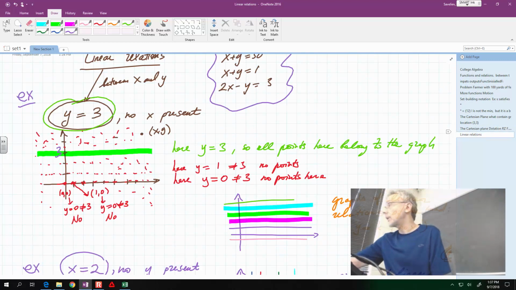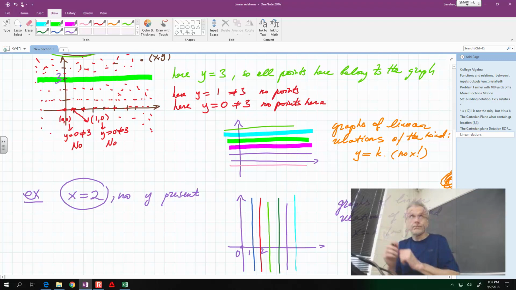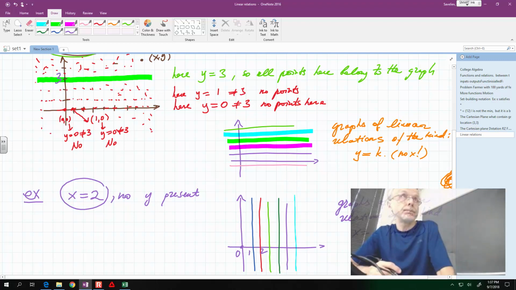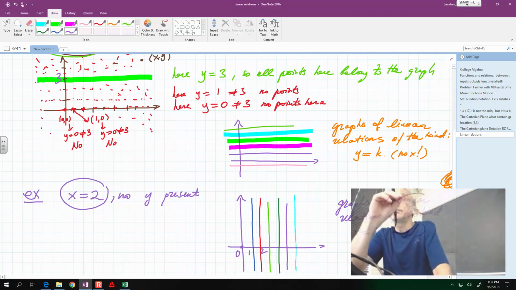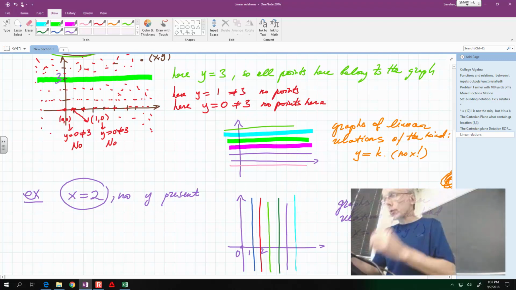But look at the very last relation that we're looking at. What is so special about this relation x equal 2 in comparison to y equals 3? So compare.